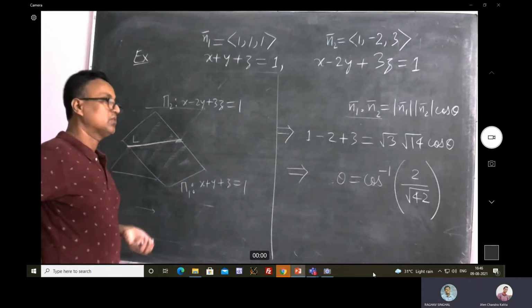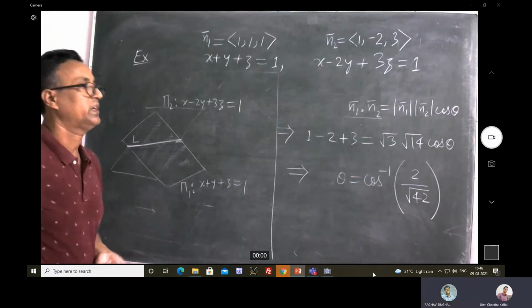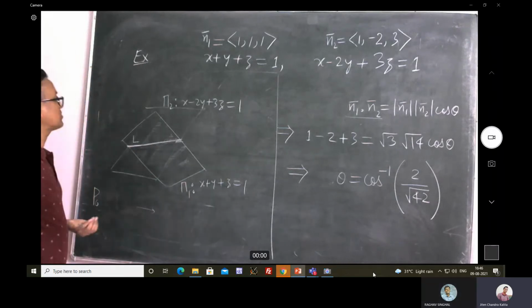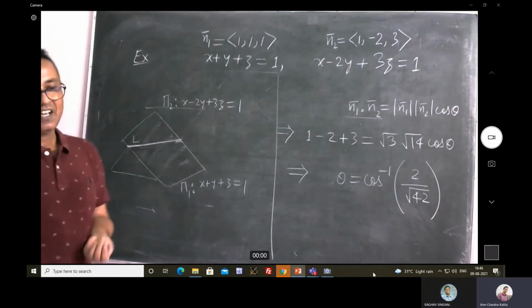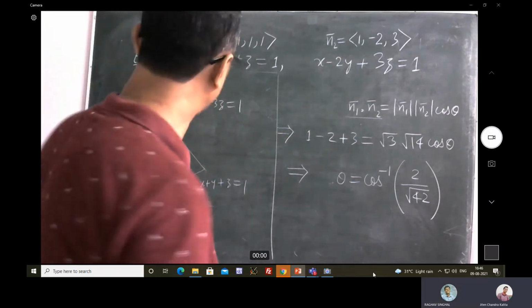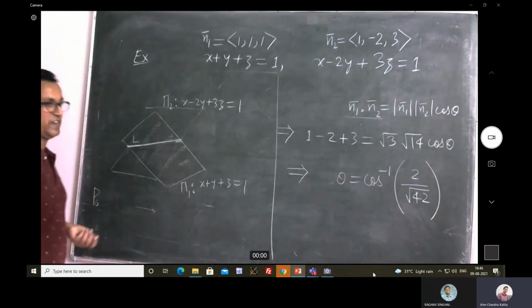So I will first try to find the direction ratios of the line. You may be thinking this is very difficult, but it is just simple logic and geometry that we are going to use. You'll see that it is pretty straightforward.